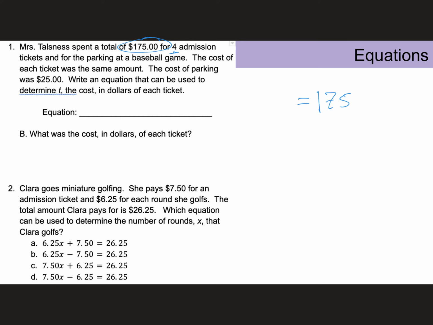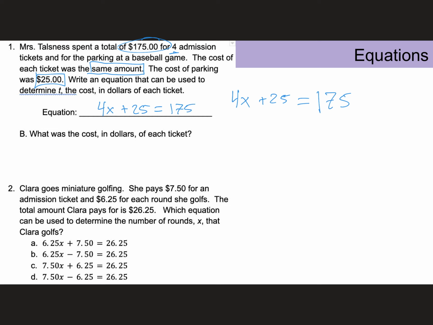She bought 4 tickets, and each ticket was the same amount. Do I know what the cost of each ticket was? No. So let's just call it x. She spent 4 times something for tickets, and the cost of parking was 25. So there is my equation. 4 times the number of tickets plus $25 for parking equals a total of $175.